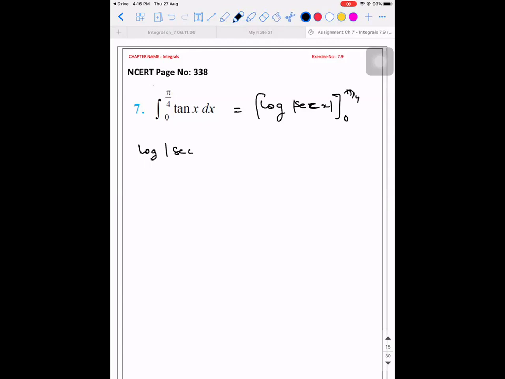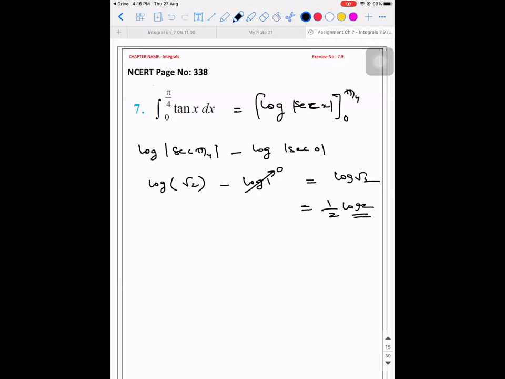Log of secant pi by 4 minus log secant 0. Secant pi by 4 is root 2, minus log 1. Log 1 is 0. So log root 2. It's only log 2, or you can write it as half log 2. Both are the same. Okay, sir. I'm not sure how the answer is given at the back. Both are right.